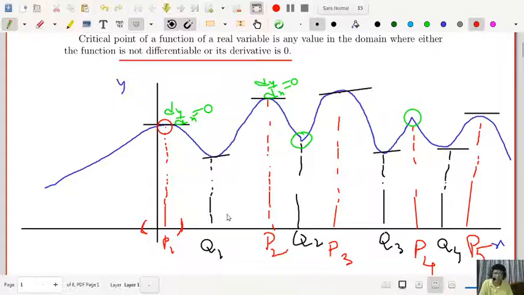Similar clarification can be made for P2 as well as P3. P4 is a maximum, but you cannot apply the derivative over there. P5 and so on, this is the statement for all other points.